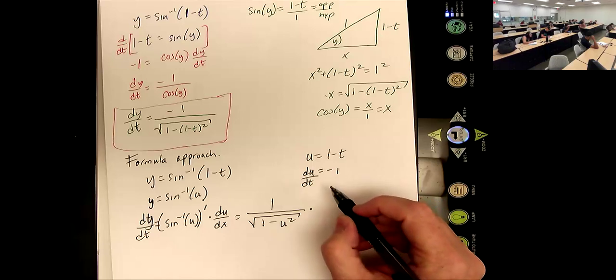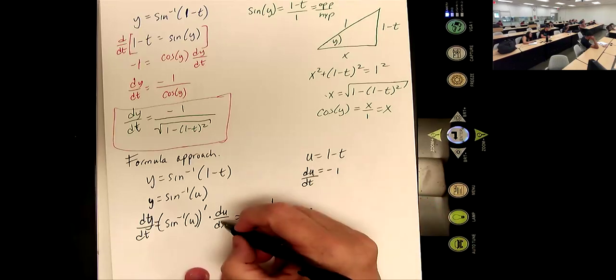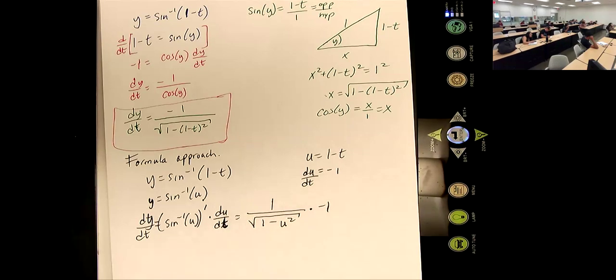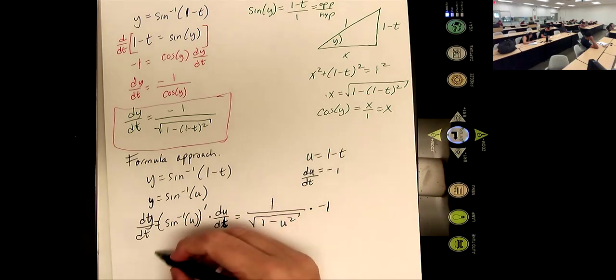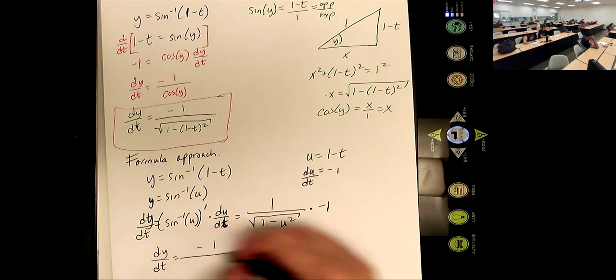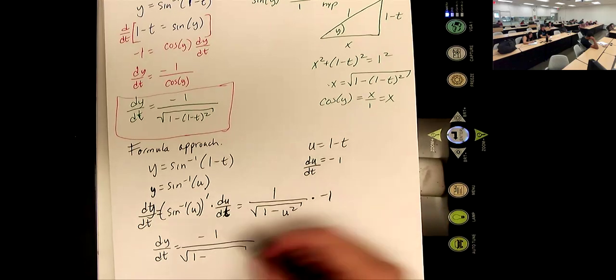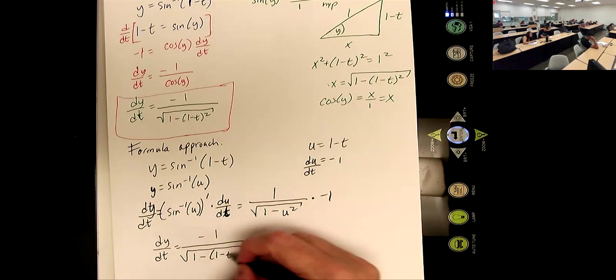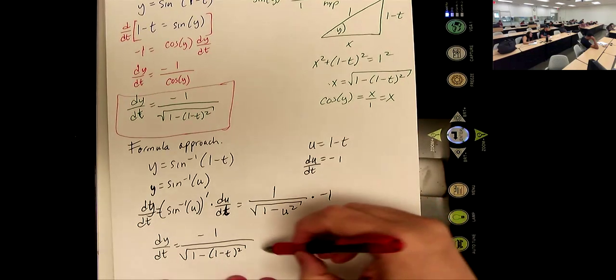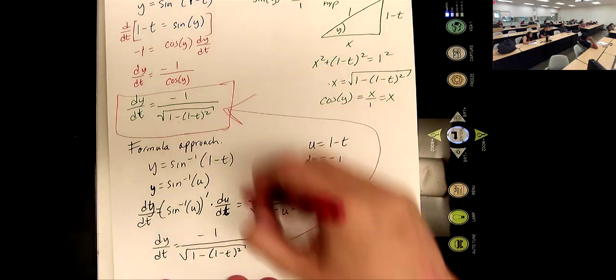And I said du/dx, I should put du/dt here, times -1 for the du/dt. And we're gonna replace u with what we started with. u was 1 minus t, so u squared is 1 minus t squared. And you'll see the formula gets the same thing as the triangle.